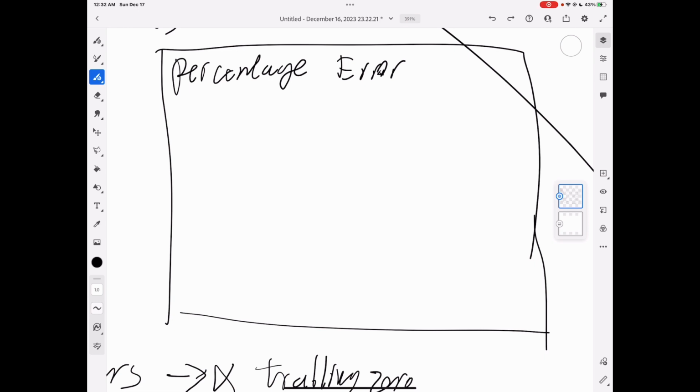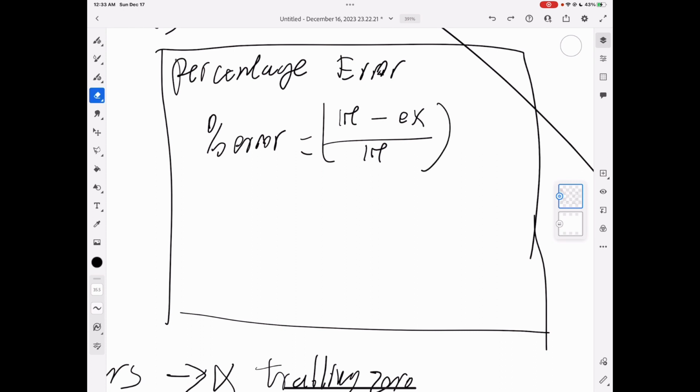So our experimental value is basically the one we get from the experiment of which we measured, and we want to put it over the literature value. So intuitively the percentage error is equal to the literature value minus the experimental value over the literature value, the one from the beginning. And this is in percent form, so we multiply everything by 100 and give it the percent.